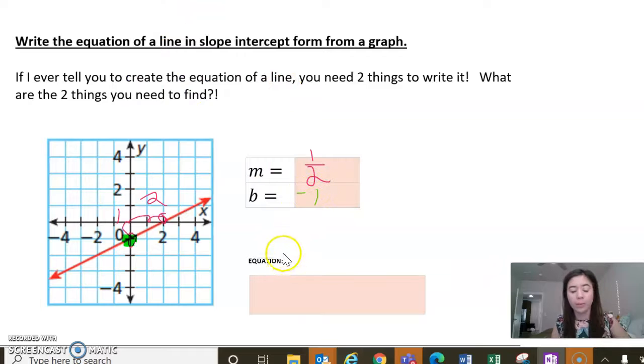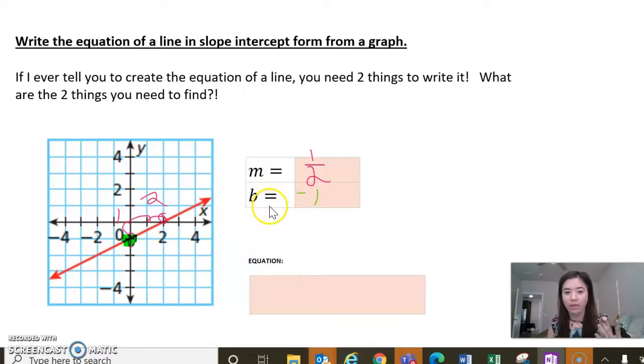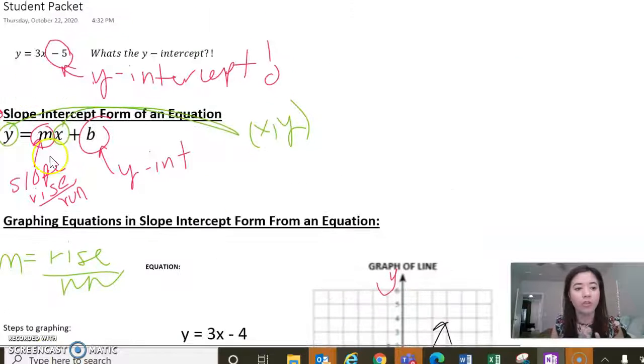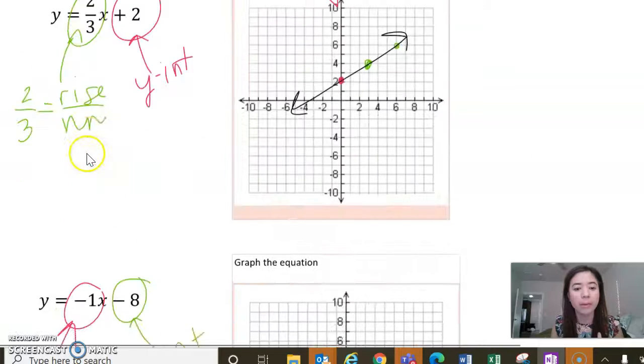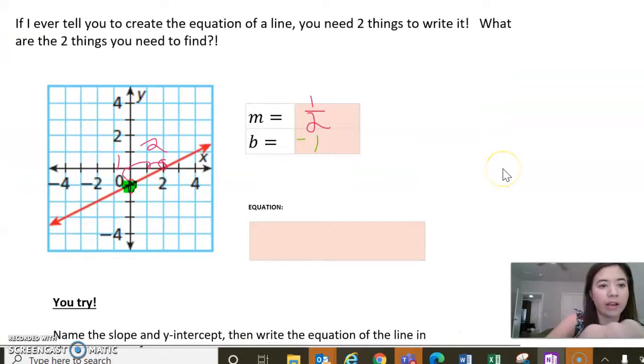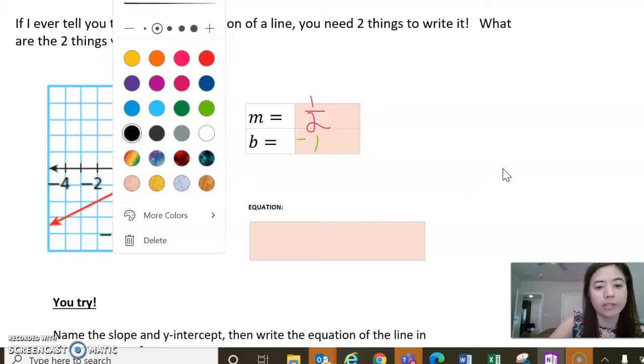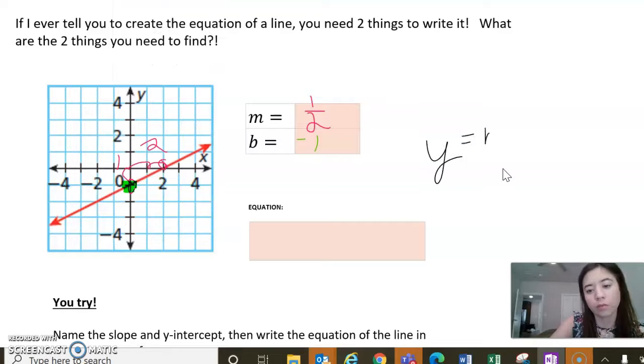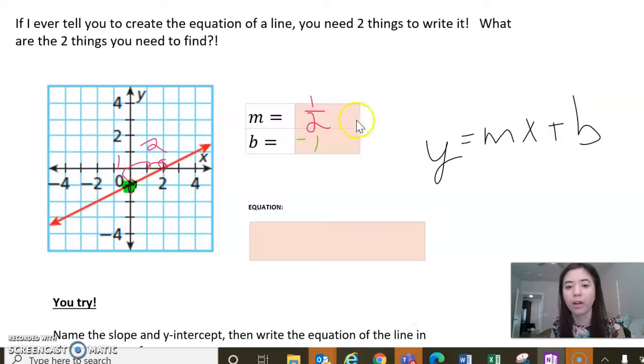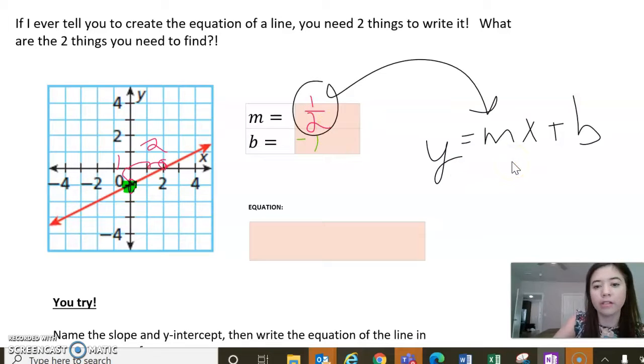And now the only new step we're adding in is we're actually writing the equation. So remember, our equation looks like y equals mx plus b. I'm going to write that here really quick so we can look at this. Where y and the x are just from an ordered pair, and we just have to plug in m and b. So we're going to put this m here where m is, and we're going to put the b here where b is.